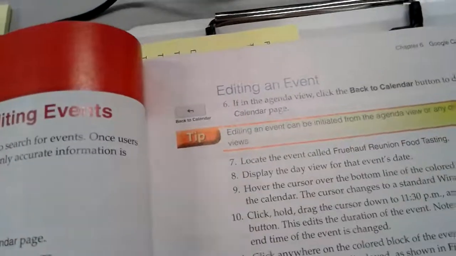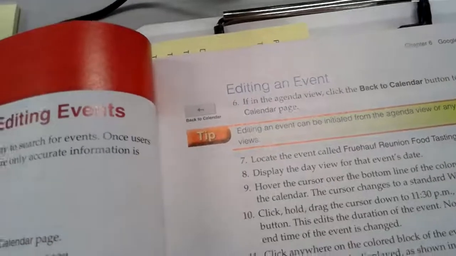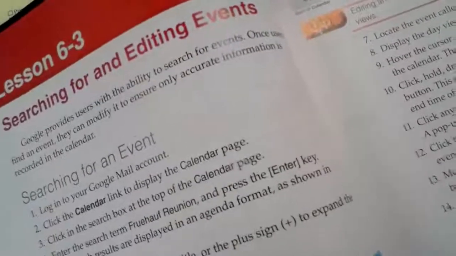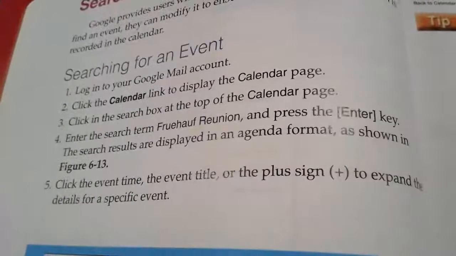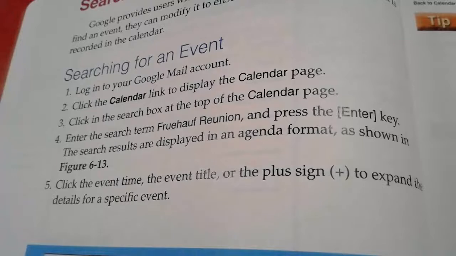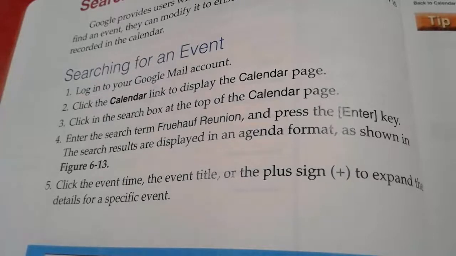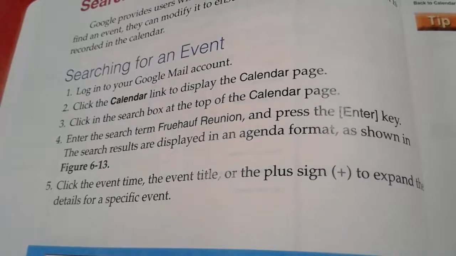Searching for and editing events. Using your Google search, you can see this is kind of where we are right now. Google's great about searching through its products for different things, and you just need to use the magnifying glass.